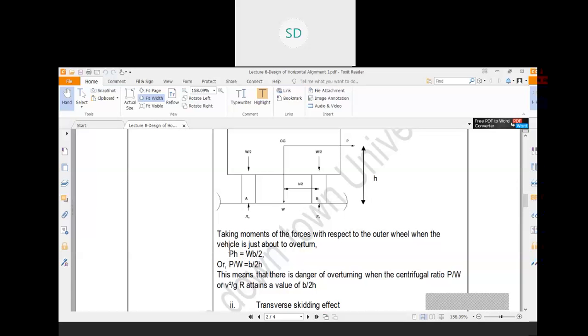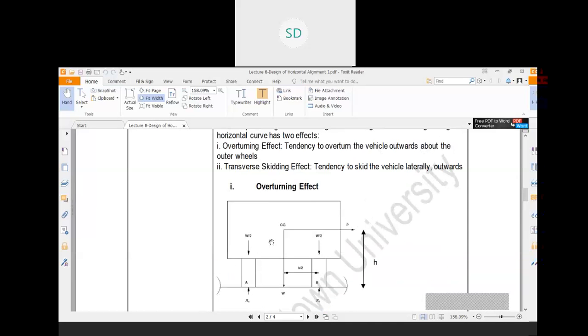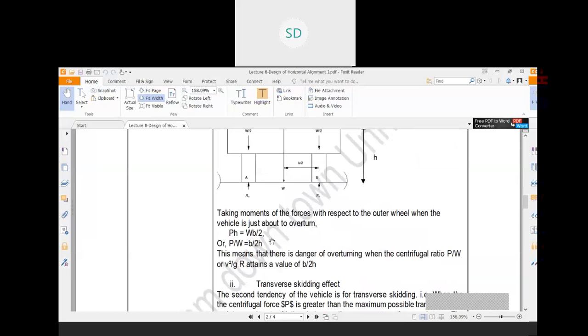So therefore P by W equal to B by 2H. So P by W is your centrifugal ratio. So whenever your centrifugal ratio is equal to a value of B by 2H, in that case only overturning of the vehicle happens.